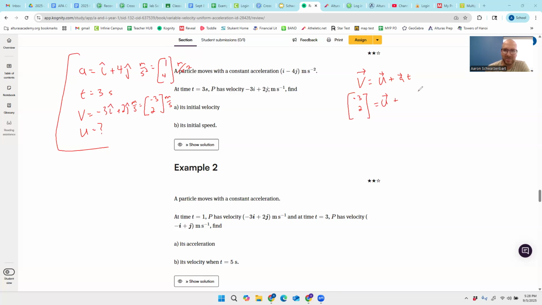Plus 1, 4 times 3. So here I get negative 3, 2 equals U plus 3, 12.